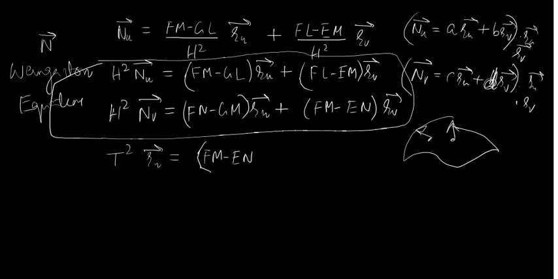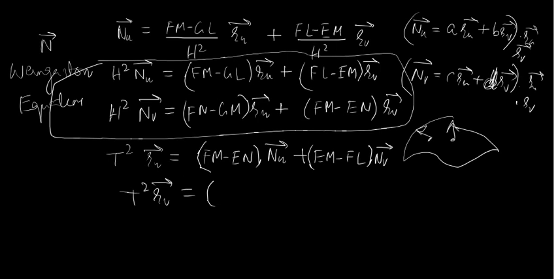t square r sub u is equal to fm minus en times n sub u plus em minus fl into n sub v, and similarly t square into r sub v can be written as gm minus fn times n sub u plus fm minus gl times n sub v.